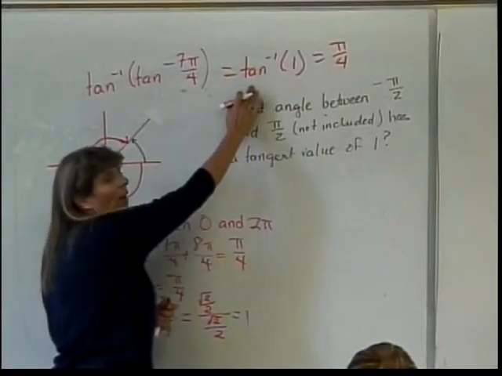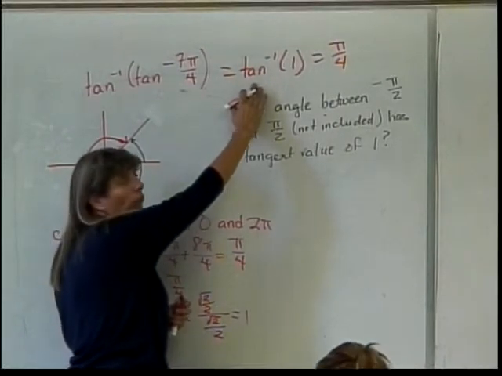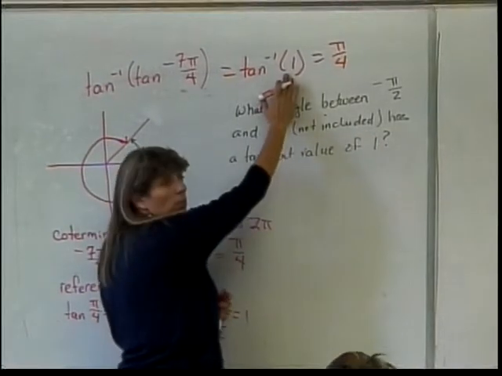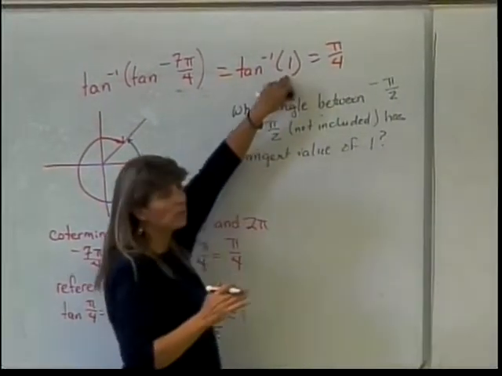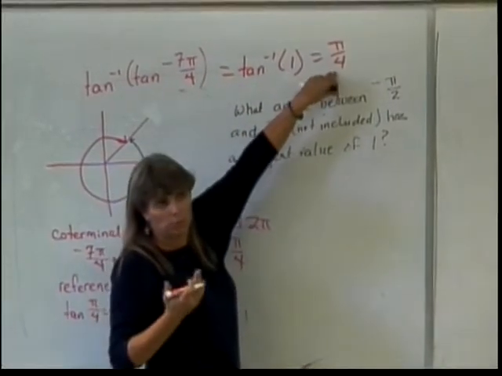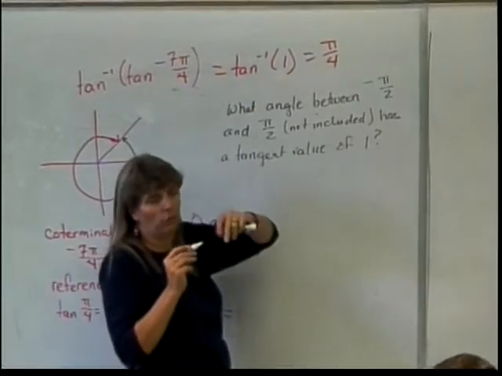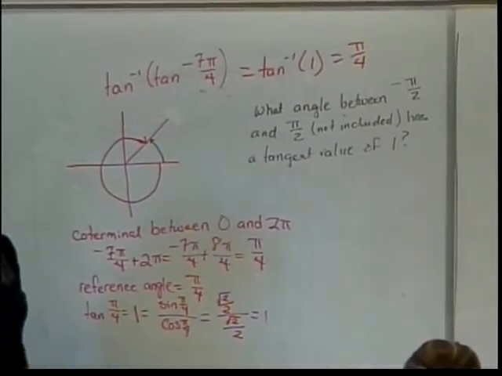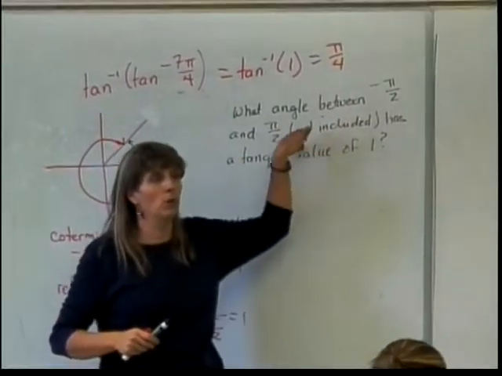Remember with your sine inverse and your tangent inverse, if this number is positive, the angle is going to be positive. If this number is negative, the angle is going to be negative. Positive means we're in quadrant 1, so our angle would be positive. Negative means we're in quadrant 4 in the negative direction, so my angle would be negative. With cotangent inverse, you're not in quadrants 1 and 4.